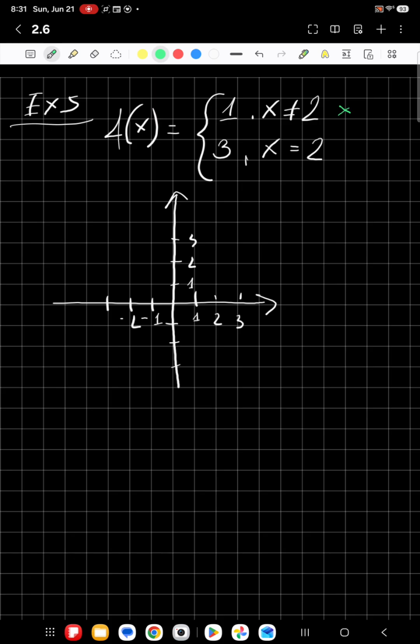Okay, so yeah, let's graph it. So this one will be green. So it's basically just a straight line, right? At 1, y equals 1. But then when I get to 2, there's an open hole, and that value actually at 2 is 3. So it's like this. This is my blue function.